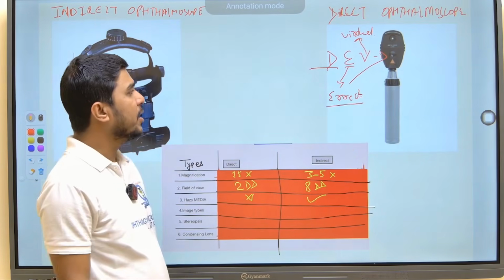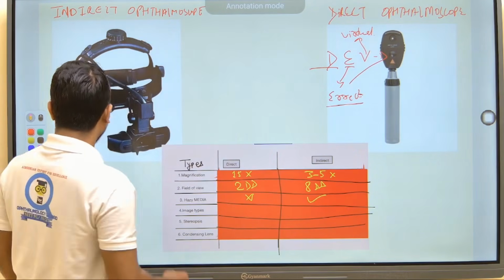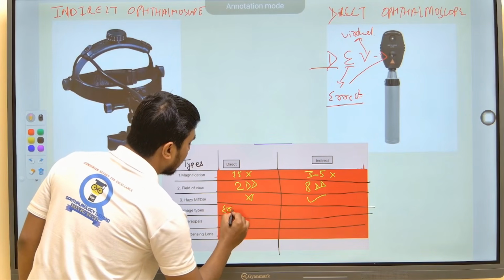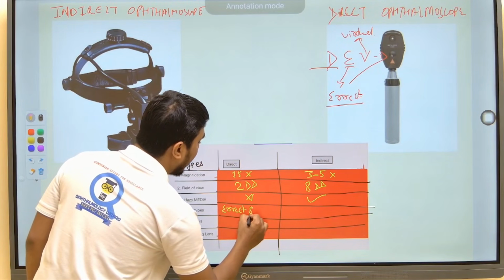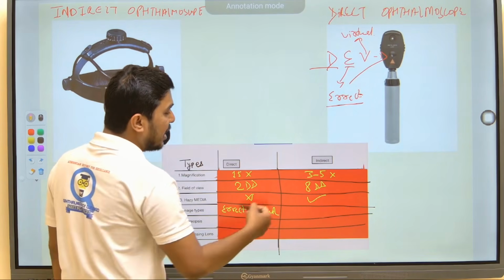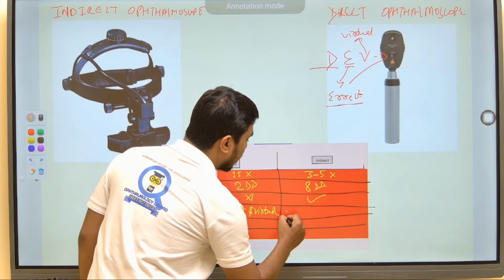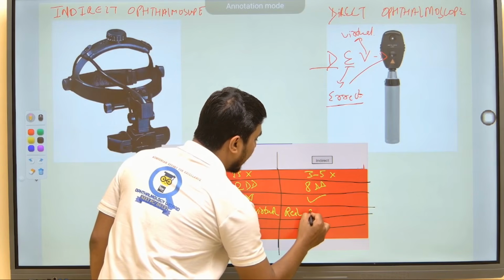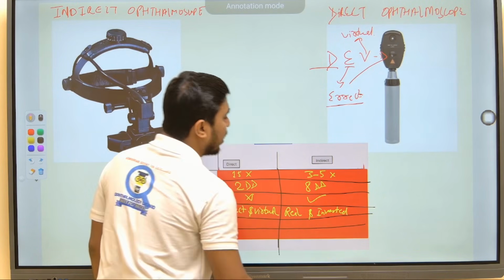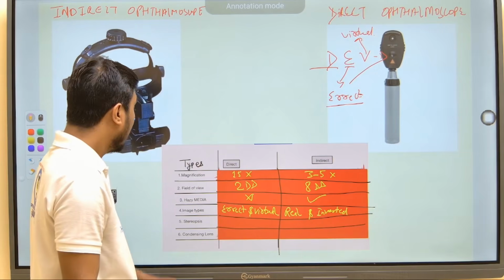You got the point? Remember Devdas? Then you can easily answer this. Erect and virtual. Similarly, vice versa: real and inverted. You understand the point?